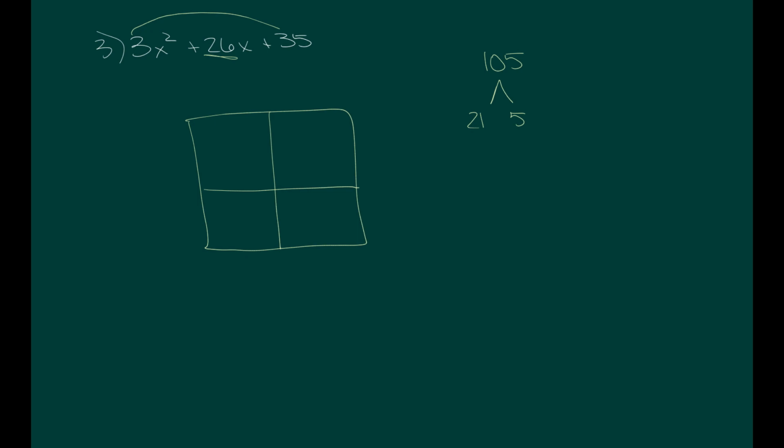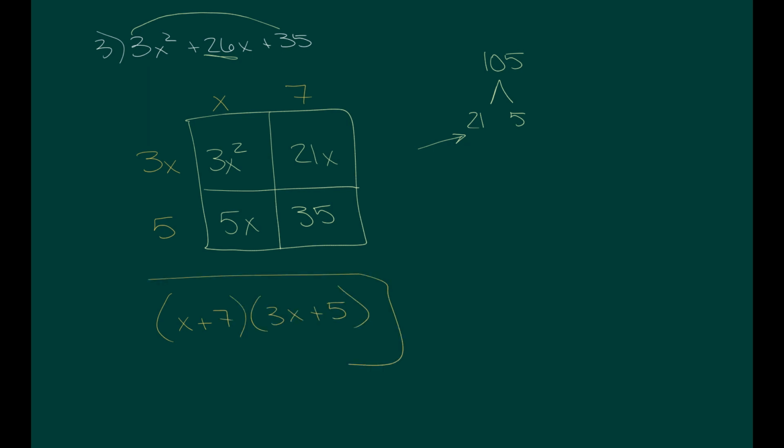I'm going to put the first term in the first square, the last term in the last square, and I'm going to use my factors that I got, 21x and 5x. Now I'm going to factor out the greatest common factor of each row and each column. So 3x, 5, x, and 7. So my answer is x plus 7 times 3x plus 5.